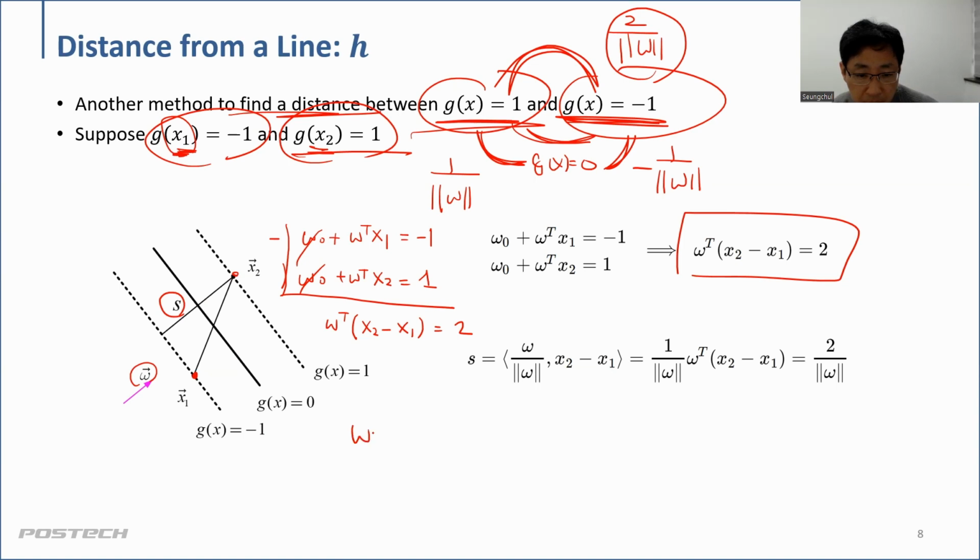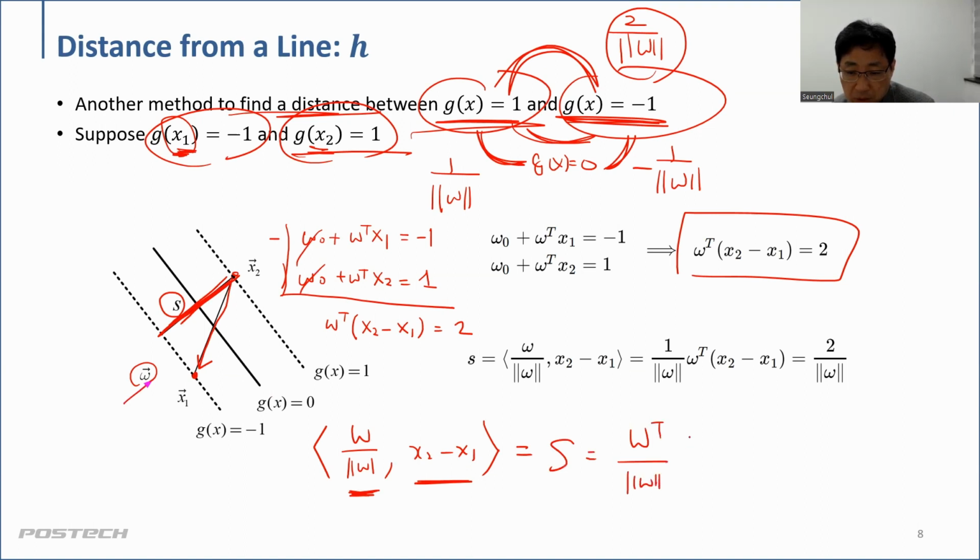Let me compute the inner product. If this is a unit vector, and this is the vector, and omega is in that direction, this is the inner product. s is omega transpose times (x of 2 minus x of 1), and we know that this is 2.